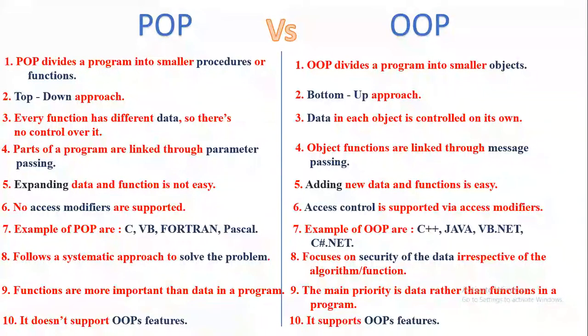By using them, we have some features like reusability, extensibility, and data hiding. Those features can be obtained by using the object oriented programming principles. Those principles or features are not available in POP. So these are the main differences between POP and OOP.